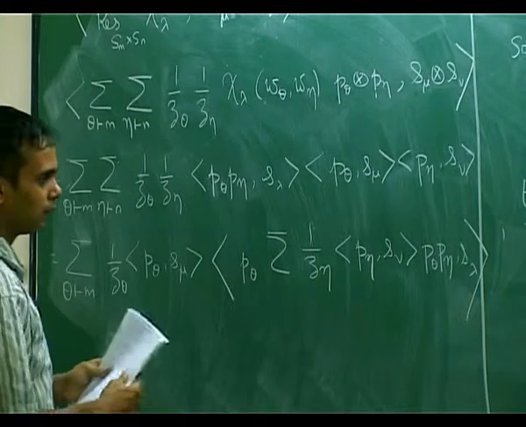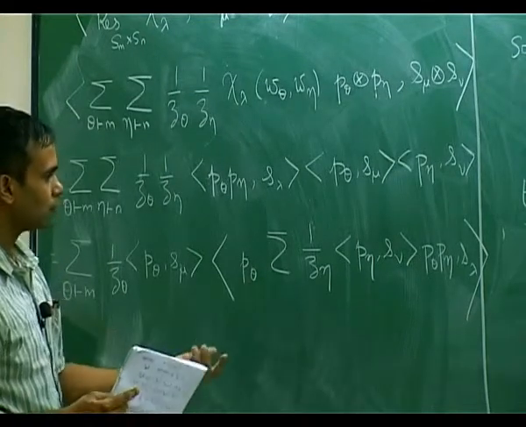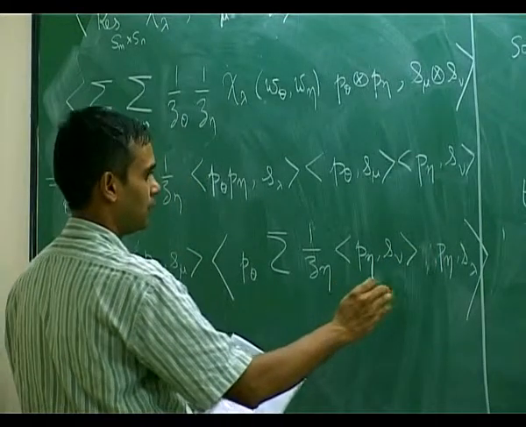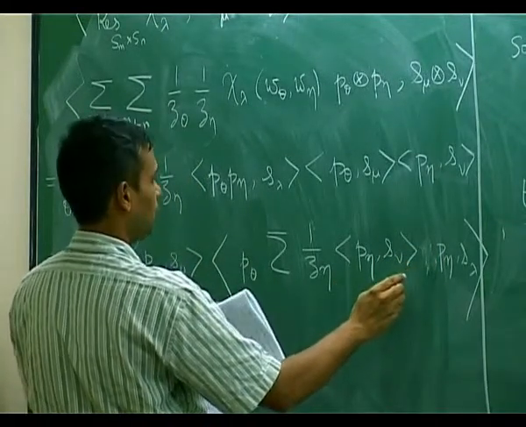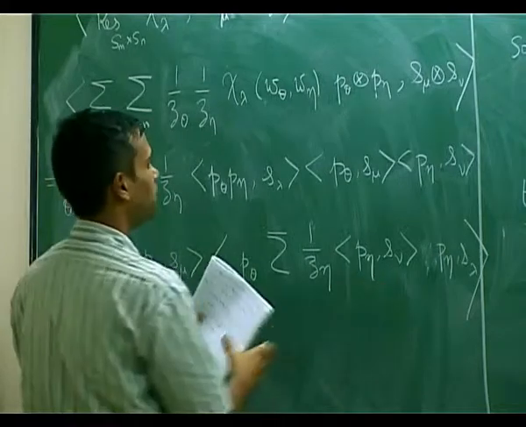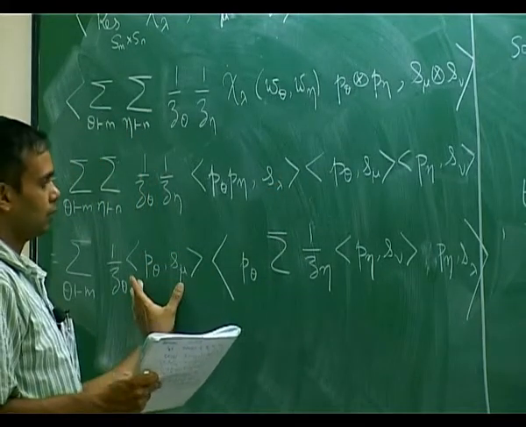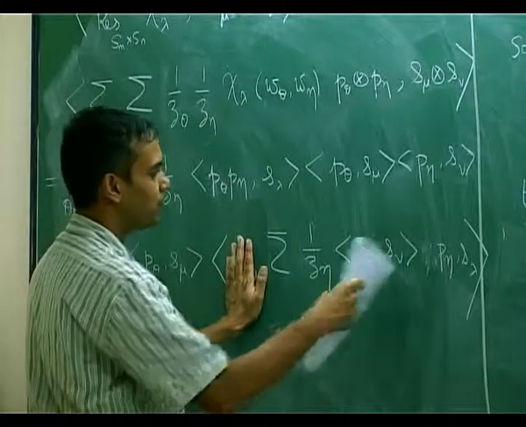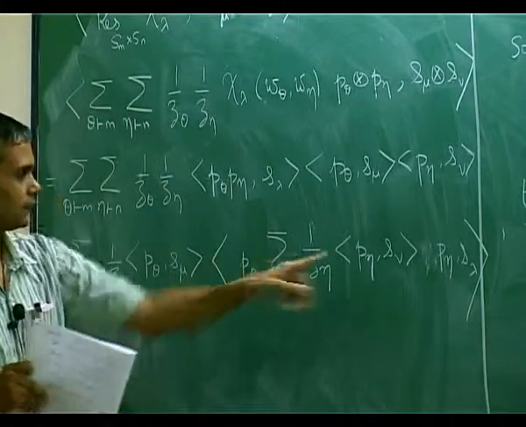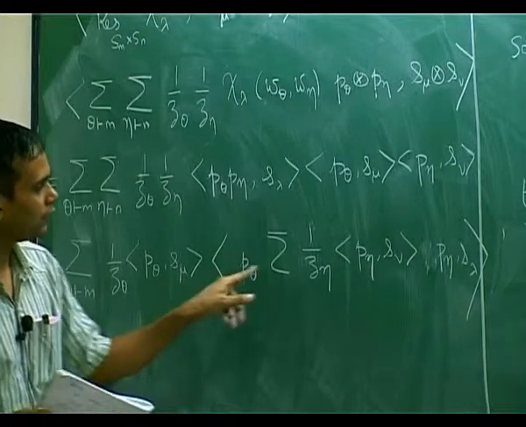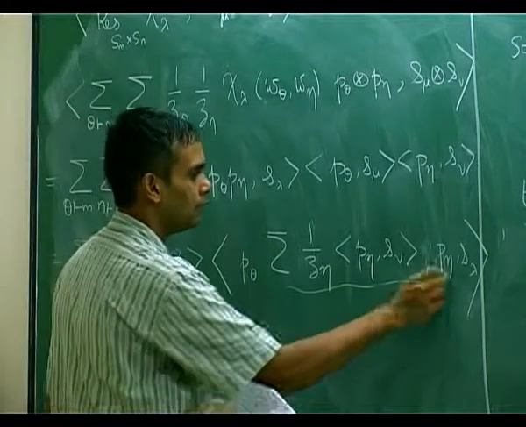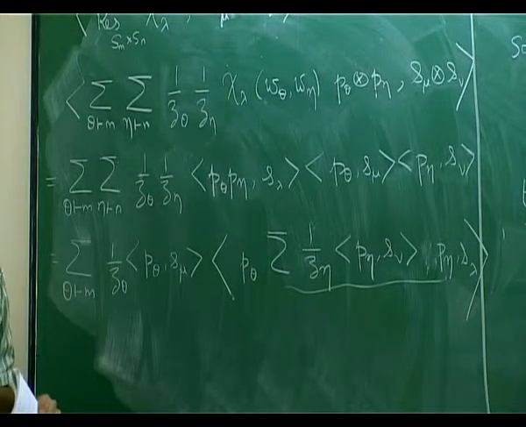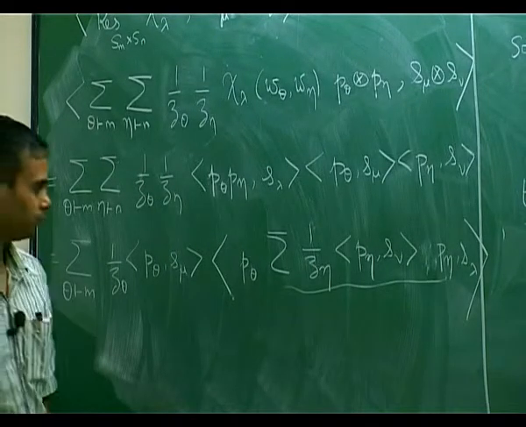Okay, but then the thing is to interpret. I think this p theta I've already taken out, right? No, that p theta has gone here, p theta s mu. This p theta is here, p theta p eta. So let's say I didn't put it here, then I can always pull it out. The reason I pull this out here is because now this is just the characteristic function of a character. So it's a Schur function.